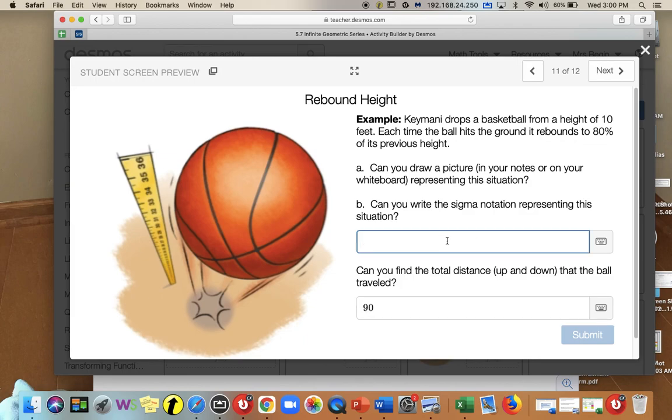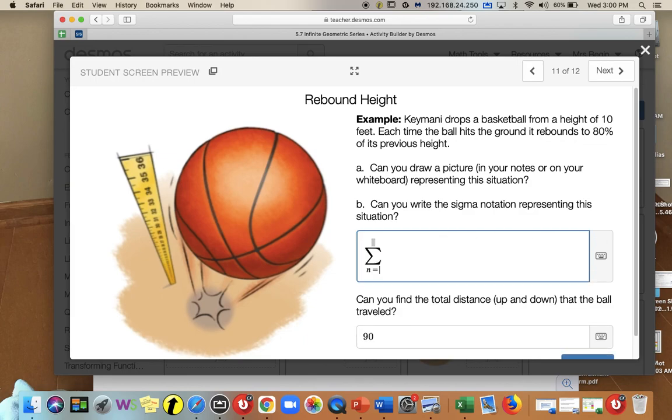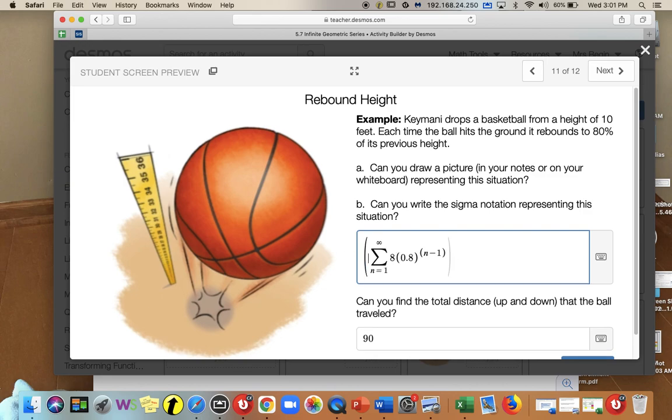And then the sigma notation, again, if you write sum, it should pop up. 1 to infinity. Infinity. Ooh, look at that. It starts at 8, and it was 0.8 to the power of n minus 1. But then we multiply that whole thing by 2.